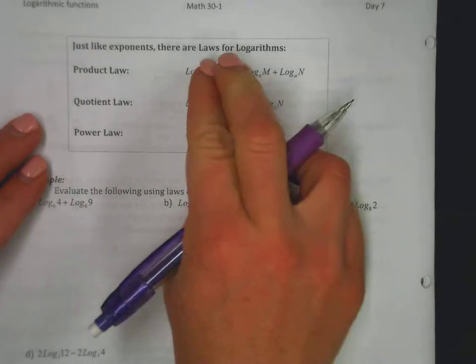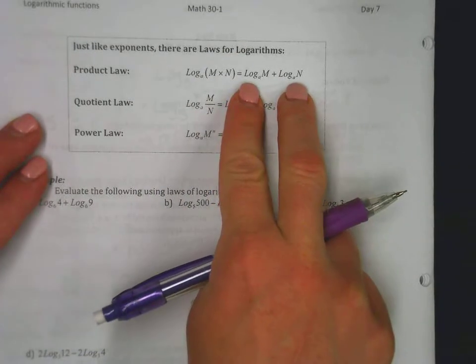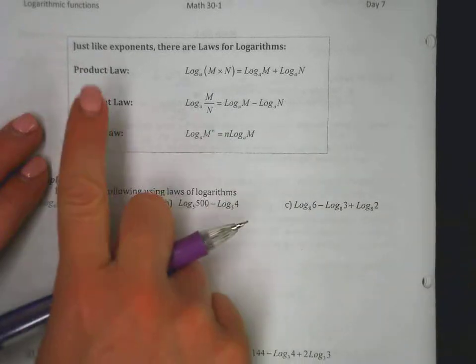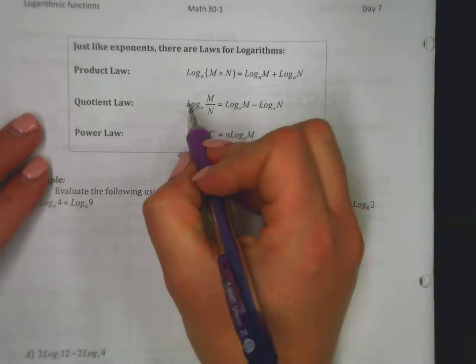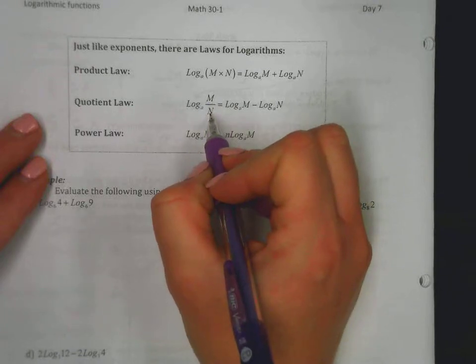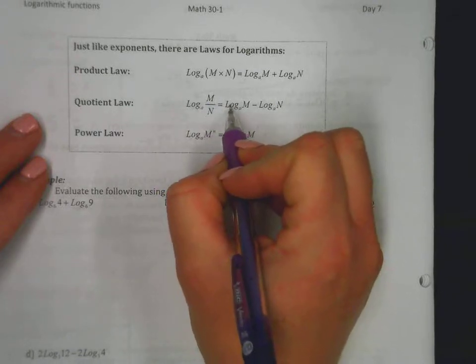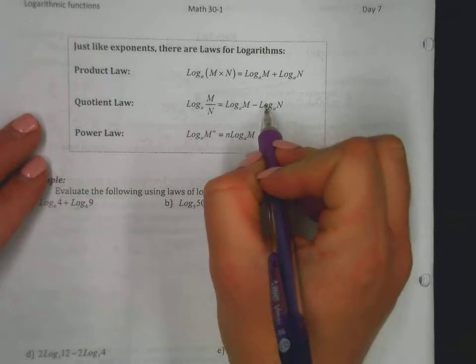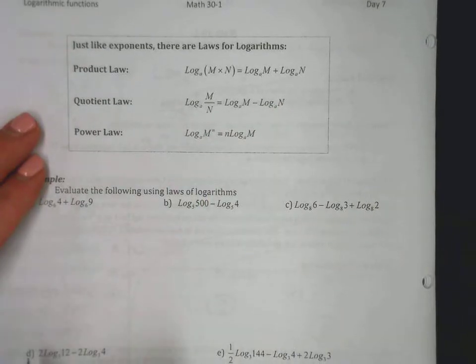So we can separate these values by adding the 2 logarithms with the same base. Quotient law, similarly: if we divide 2 values in that logarithm, we can separate those values by taking log base a of m minus log base a of n.